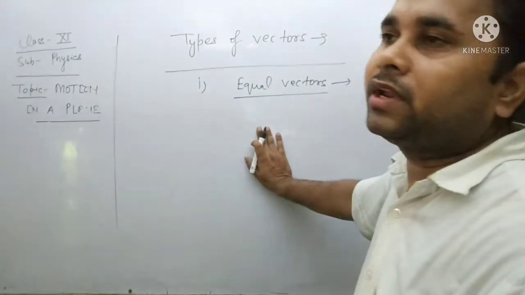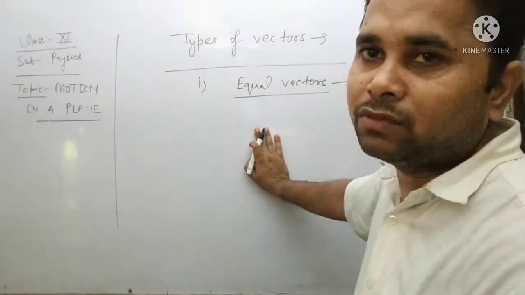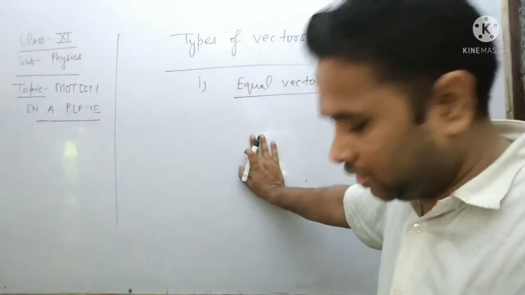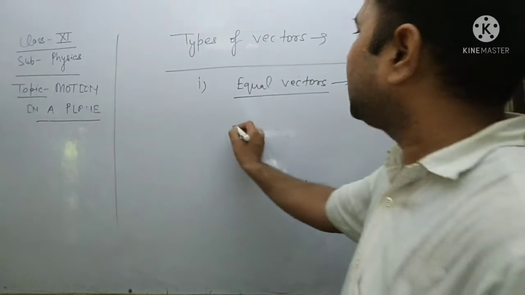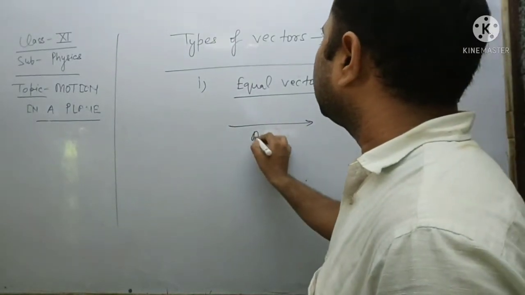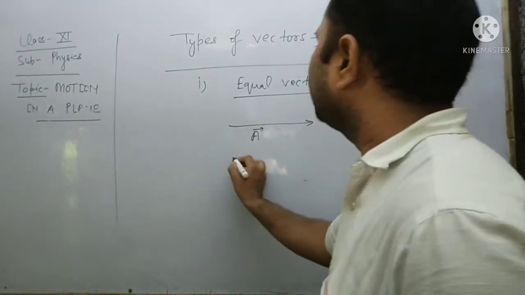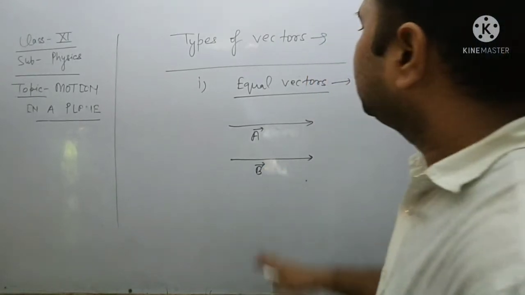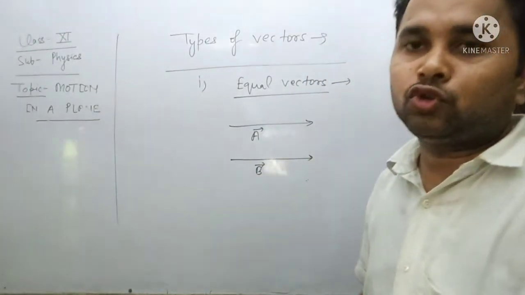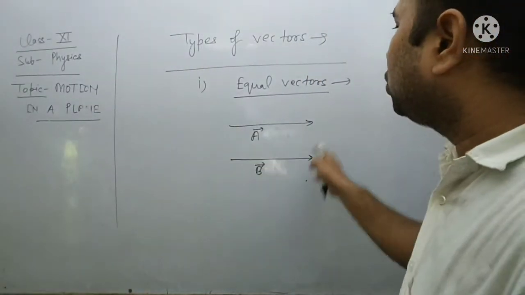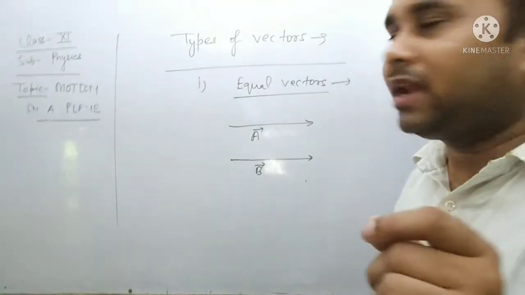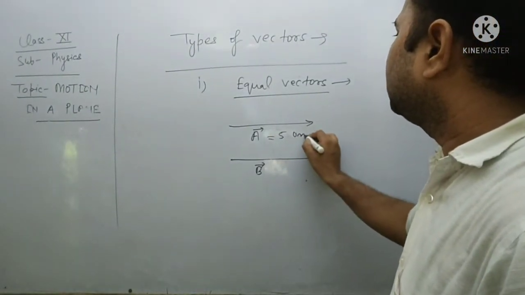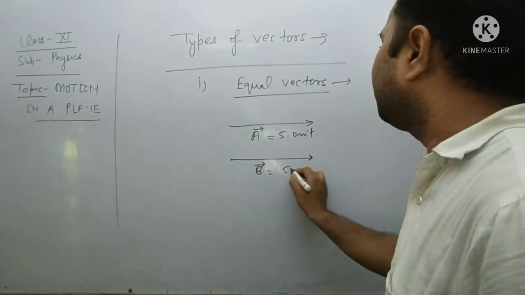If two vector quantities have their magnitude and direction both equal, then the vectors are said to be equal. For example, this is the vector A and this is another vector B. So these two vectors are said to be equal because both have the same direction and magnitude also. Suppose this is 5 unit and this is also 5 unit.